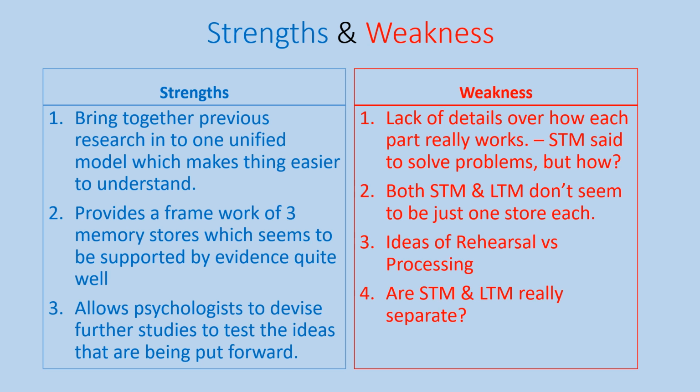And finally, there are arguments to say that short-term memory and long-term memory might not be really that separate. So basically what they've done is a classic science thing. They've created a theory to answer some questions, and in doing so created a lot more questions that then need answering. So classic science, we're going to go on and do it.